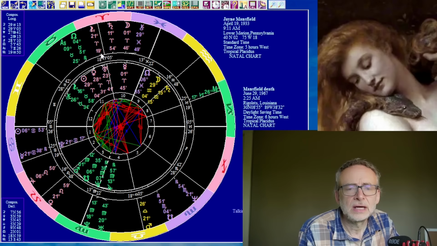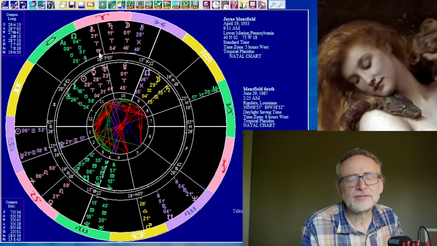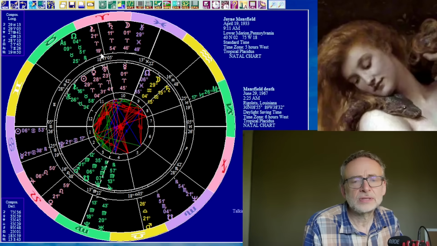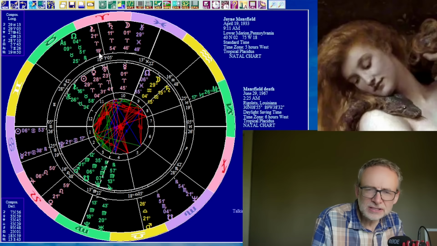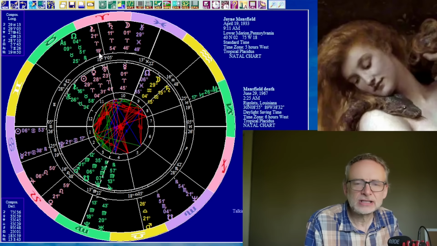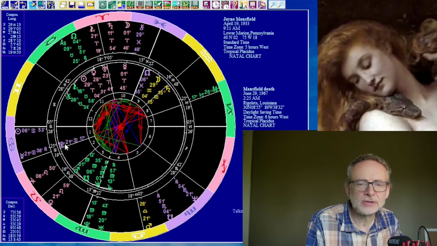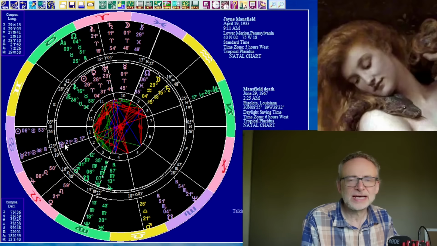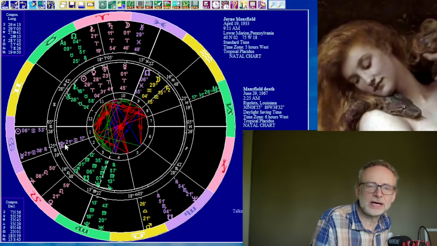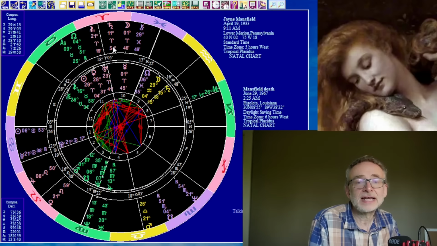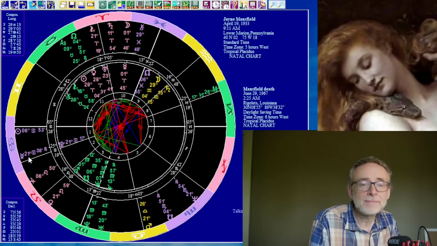Lilith was at 21 degrees 19 Aries at the time of her death, and Jayne Mansfield had her Pluto at 21 degrees 17. So she had Lilith exactly square her Pluto, and in fact there was a Lilith Mercury square, and of course Mars was involved here.